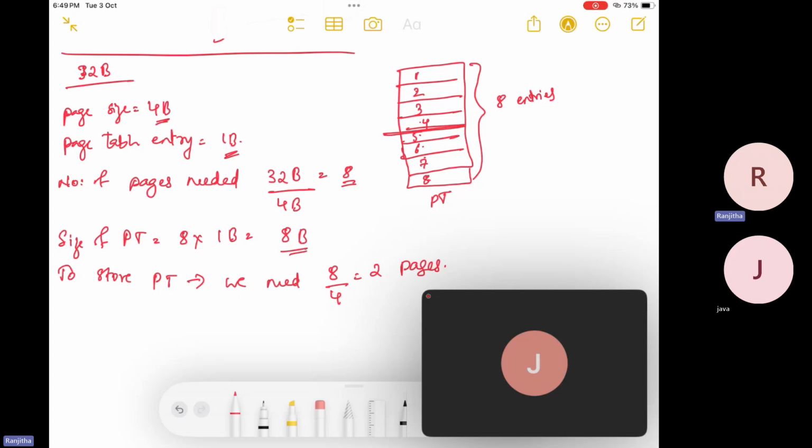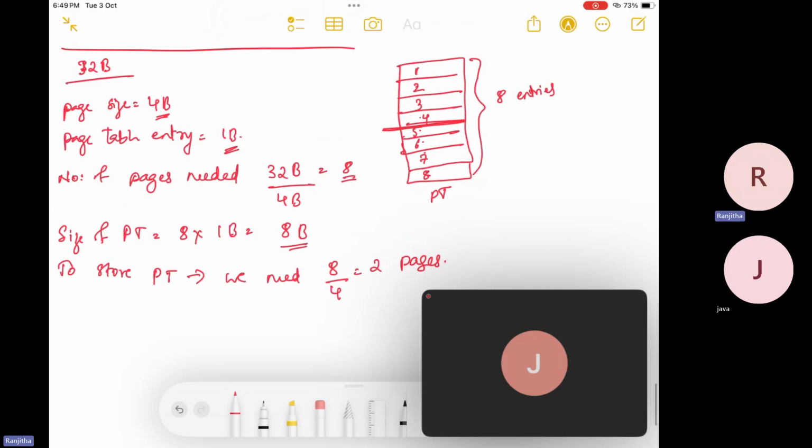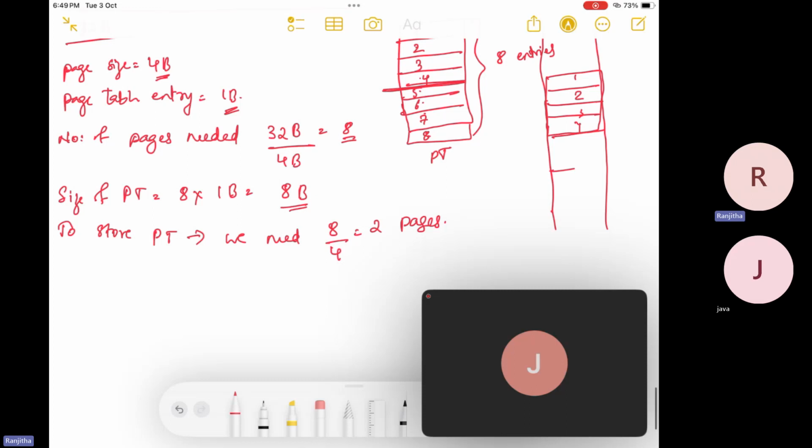One frame will comprise 4 entries, 1, 2, 3, 4, in the physical memory, and the other might be somewhere else.